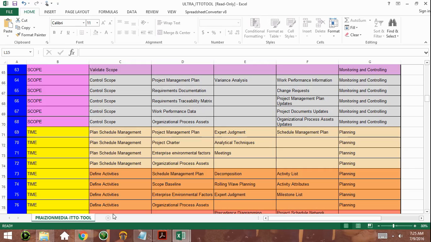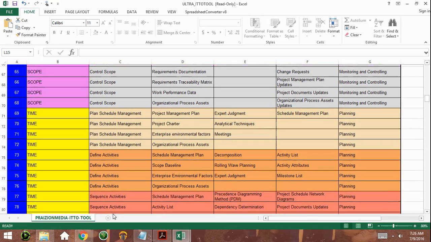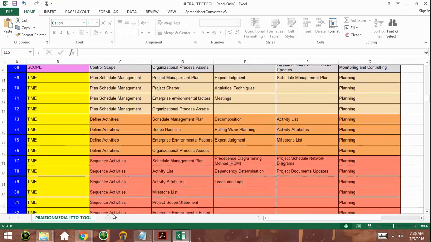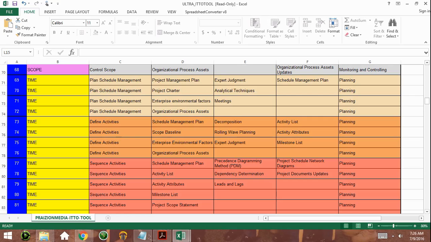I know I'm missing something. So this is where I would scroll down because I know I'm missing something. Dependency determination, leads and lags. Yeah, I'm blank. Let's see. Oh, I got all three. No wonder I'm blank. Okay. So at least I know those three.